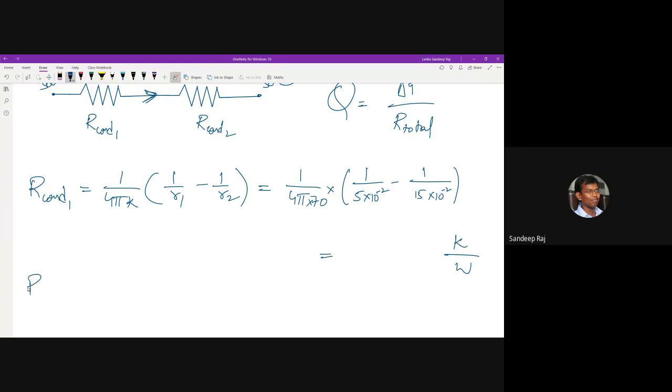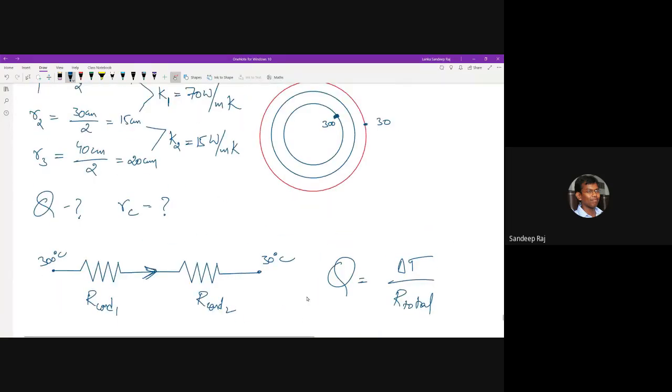If you're done with R conduction 1, move to R conduction 2. It is 1 by 4 pi K2 into 1 by R2 minus 1 by R3. That is equal to 1 by 4 pi. And the K value for the outer material, K2, is 15.